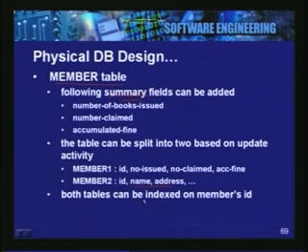Both of these tables can be indexed on the member's ID. This is how you do physical database design. You look at the table, you look at the different operations which are performed on it, and in order to make those operations efficient, you may introduce additional fields, or you may split the file into different tables based on the different types of data accessed.